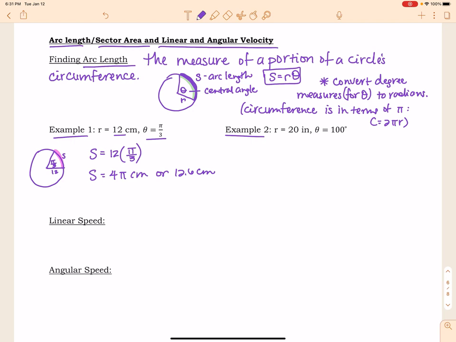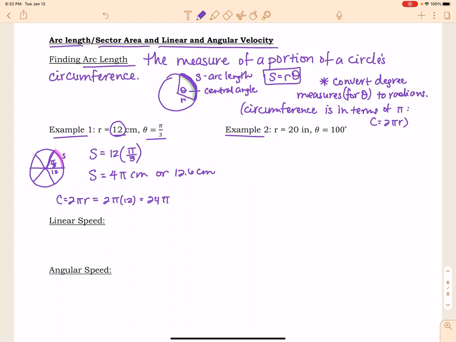And to take it a step further, if you'll think about the circumference of this being 2 pi r, that would mean, since I've got a radius of 12 here, the 12 is going to multiply by this, so that gives me 24 pi. And if you look at the circle being cut up into pi over 3, remember we've talked about that before, there are 6 slices of the circle, and each one of those would represent pi over 3.